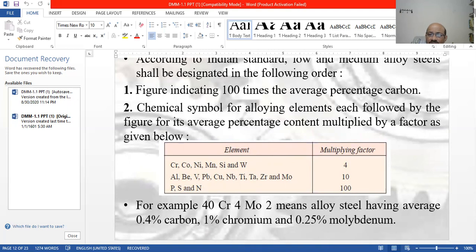For example, 40Cr4Mo2 means alloy steel, that is a tool steel, having 0.4% of carbon, 1% of chromium, and 0.25% of molybdenum. With this, I'm concluding this video lecture. Okay, thank you.